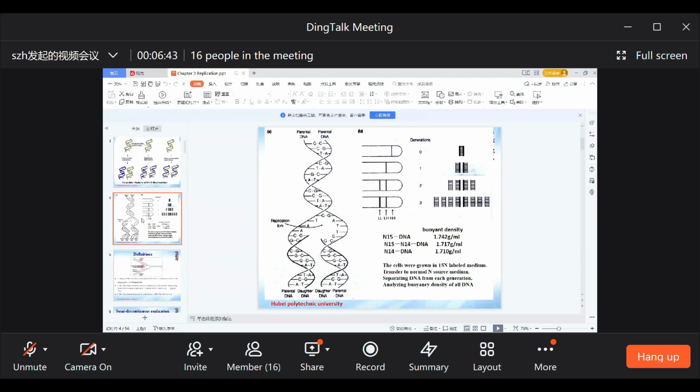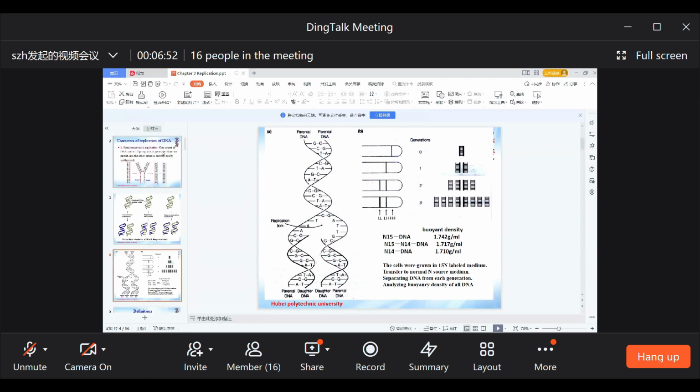The DNA extracted from the cells was then analyzed through density centrifugation.